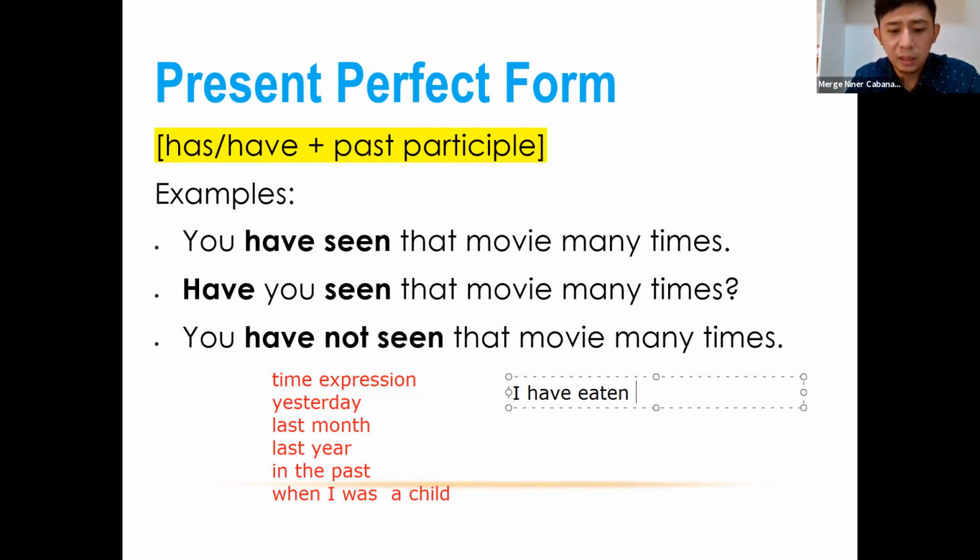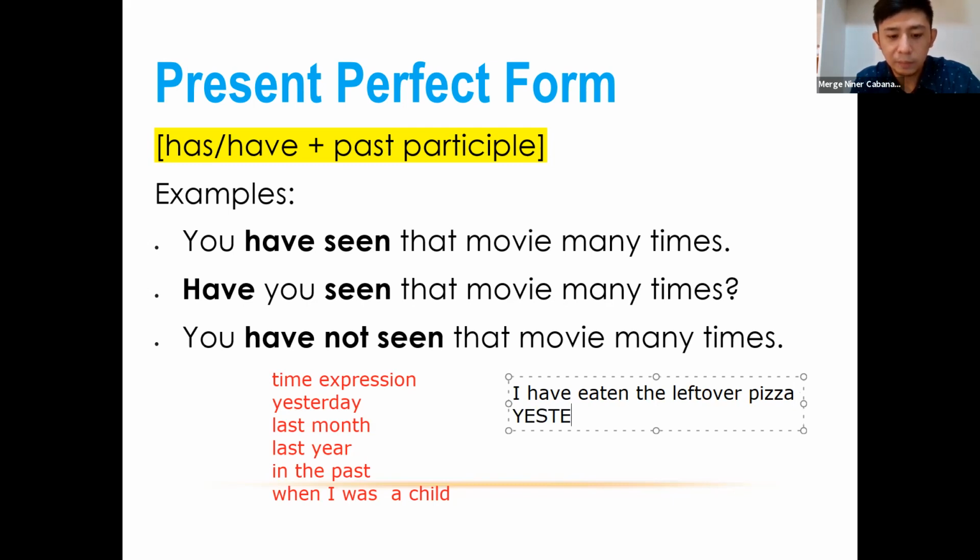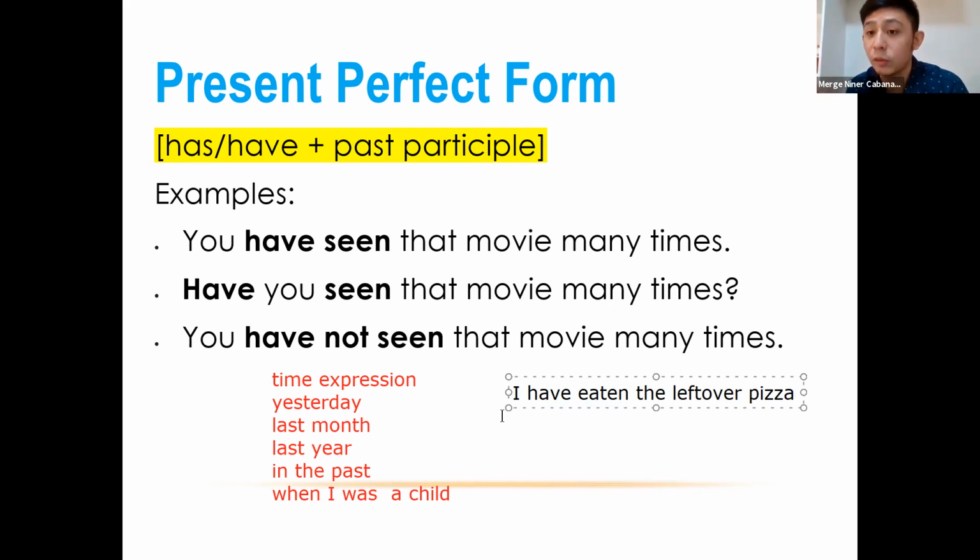If I'm going to include yesterday, then the use of the present perfect form of the verb is no longer necessary, because there's an existing time expression. So if I want it to be correct, I just have to leave it this way. I have eaten the leftover pizza. It means that this idea has been done. This event has already occurred. There's no turning back. It's in the past.